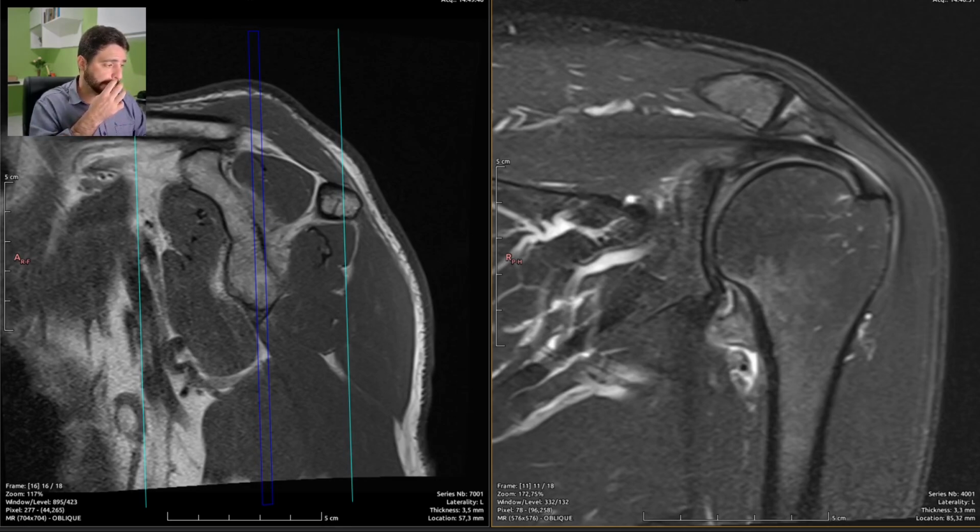Also bursitis, bursitis is here. Oh, the glenoid labrum tear.